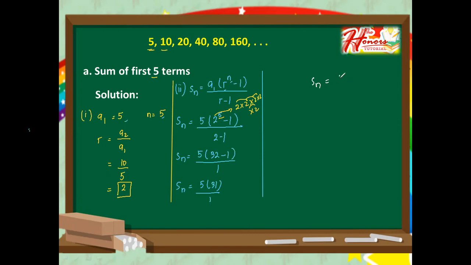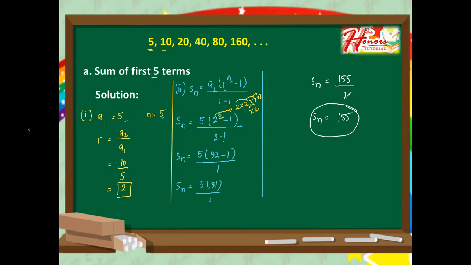So we have 155 over 1. Since it is over 1, you can just simply remove the denominator, or divide 155 by 1. So that is 155. This is the answer. The sum of the first 5 terms of the given is 155.